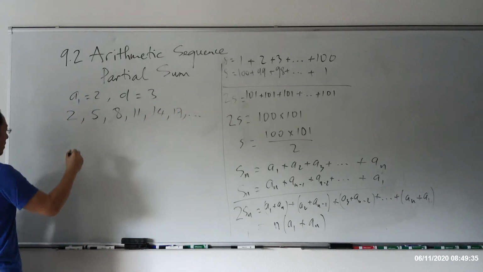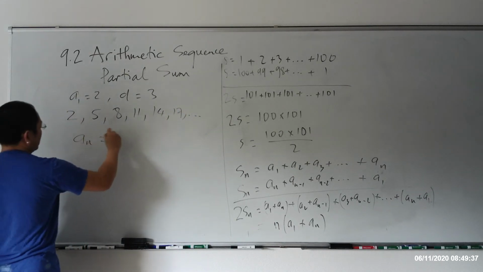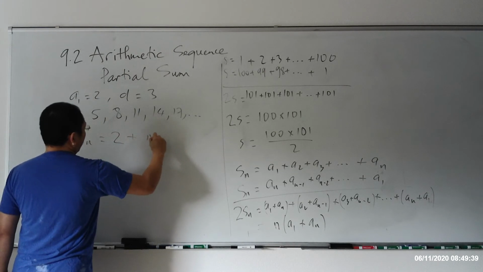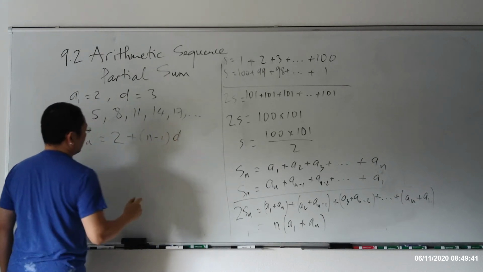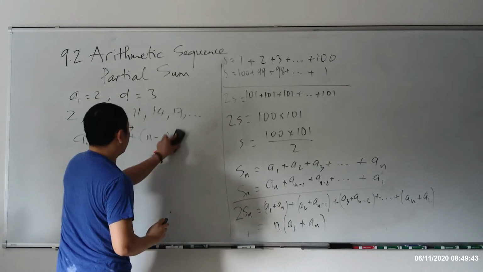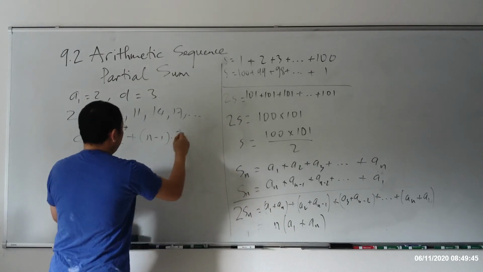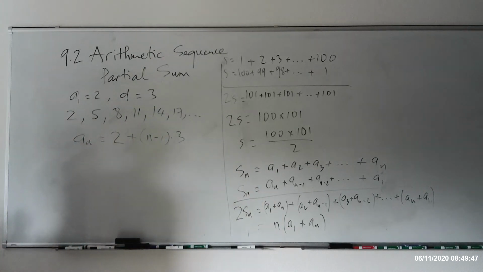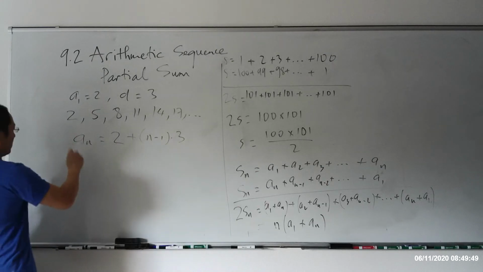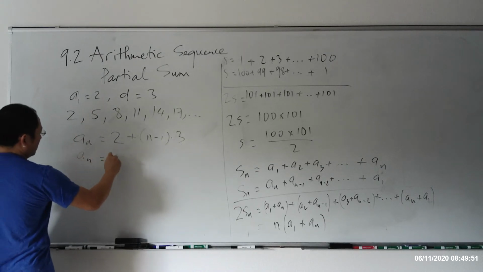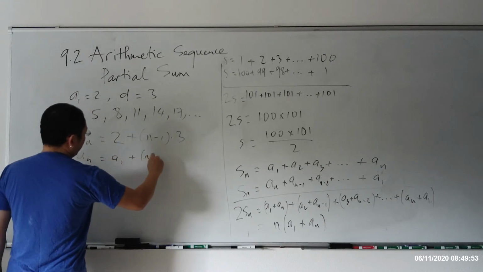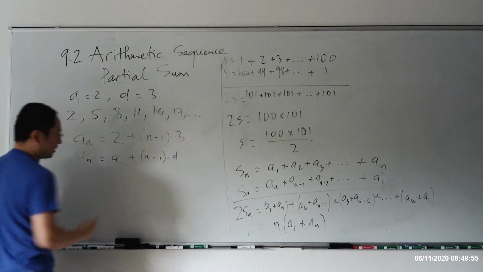And we have a general formula: An is 2 plus n minus 1 times 3. Of course, you can factor out and simplify if you like, because the formula is An equals A1 plus n minus 1 times D.